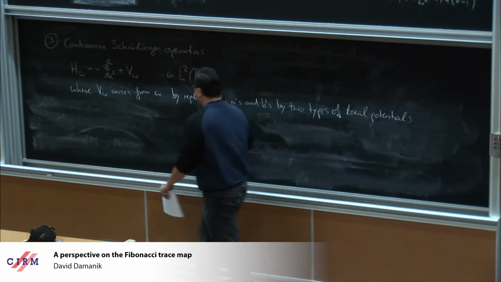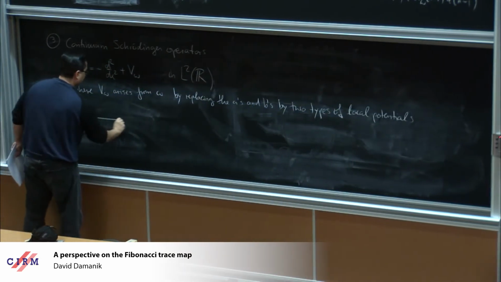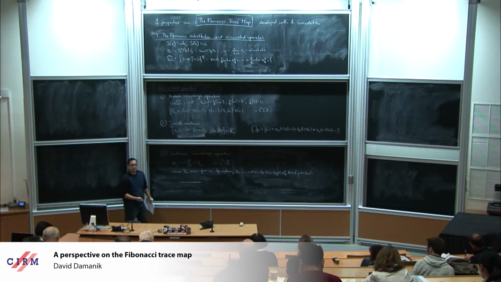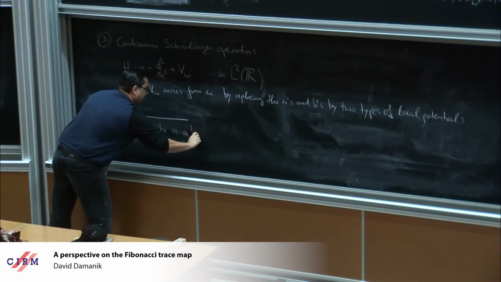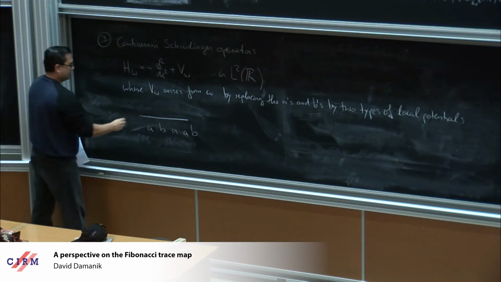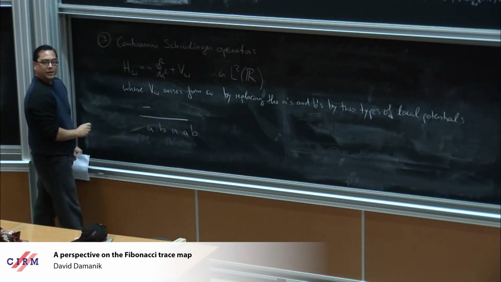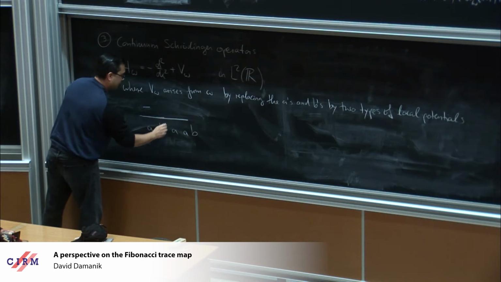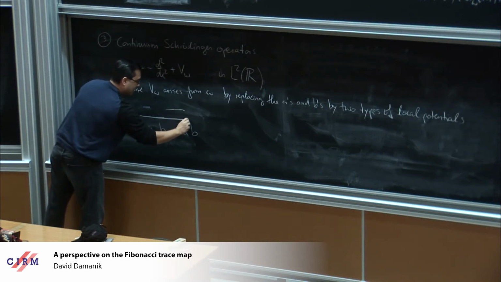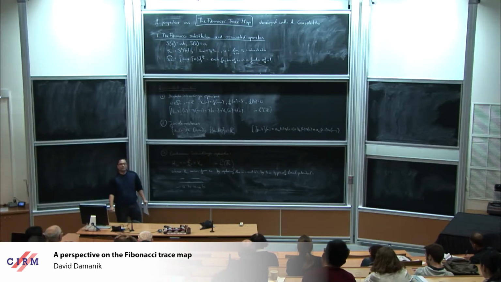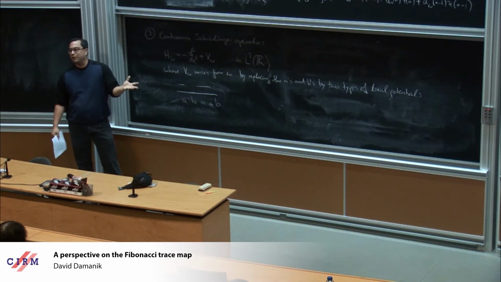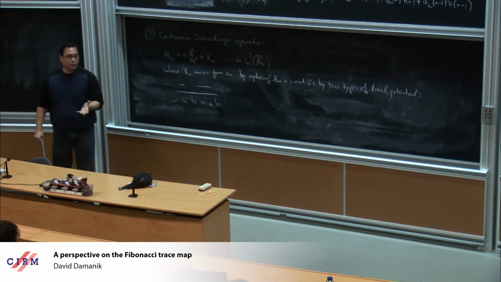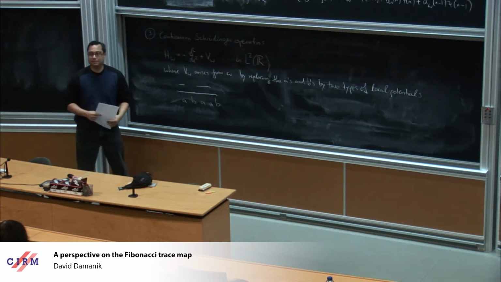The easiest case, of course, is if you just take constant potentials. So if you see A, B, A, B, and you place an obstacle for each A, and no obstacle for each B, then this is how your potential would look. You take two local pieces and concatenate them according to your sequence omega. That defines a function on the real line that you use as a multiplication operator here.